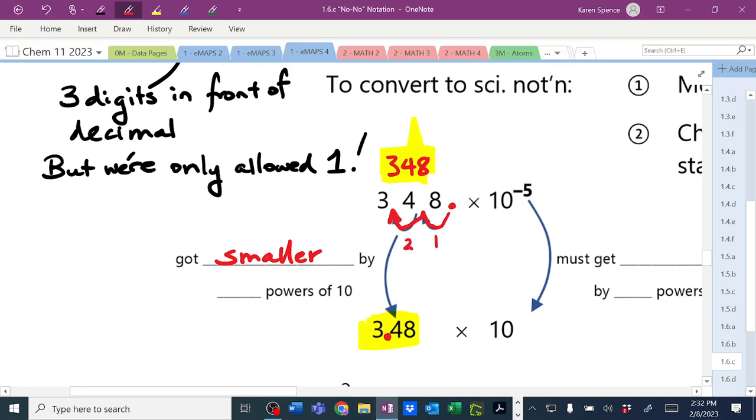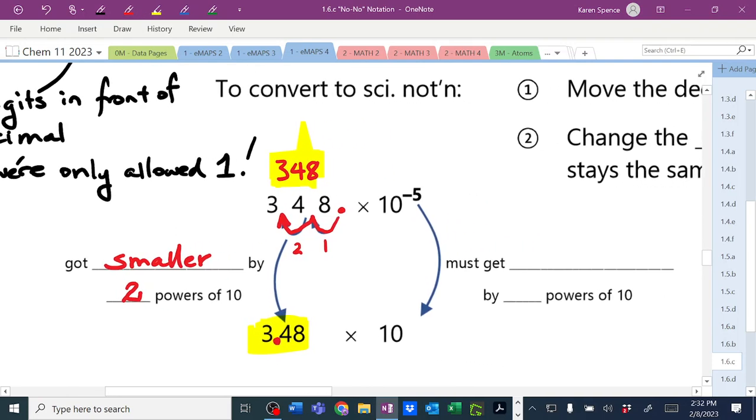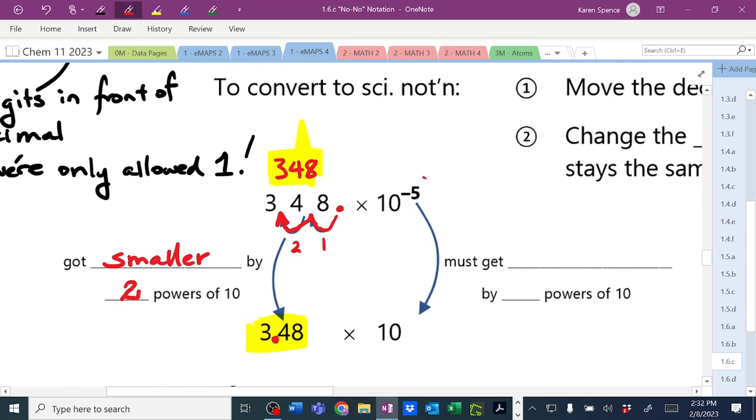We moved our decimal 2 places, therefore it got smaller by 2 powers of 10. That means that our exponent is going to have to get bigger, because it always has to do the opposite. So it has to get bigger by 2 powers of 10.